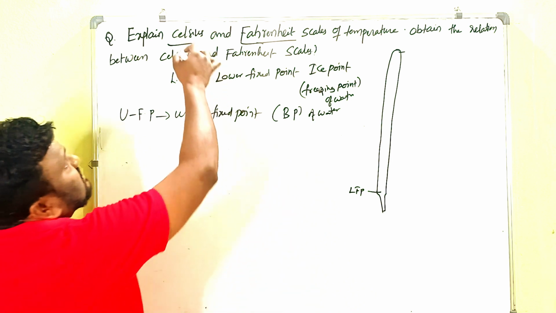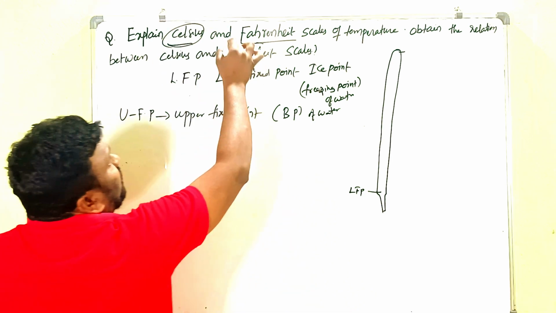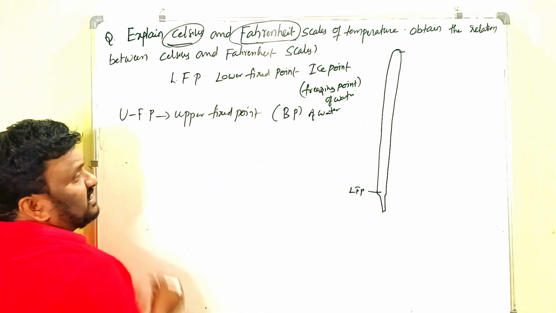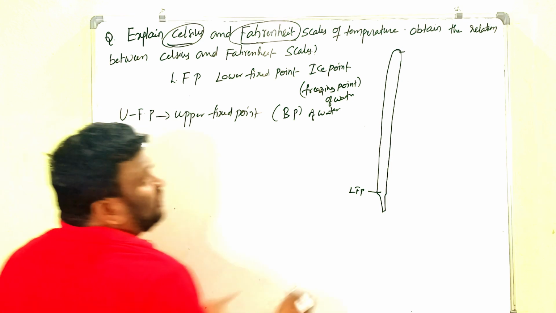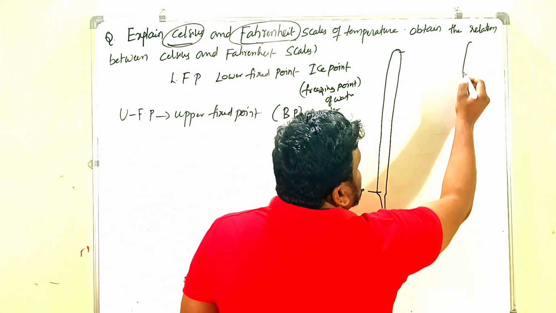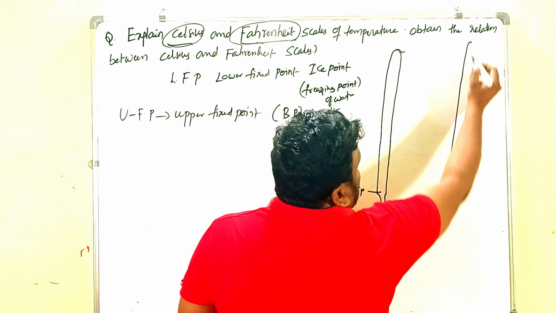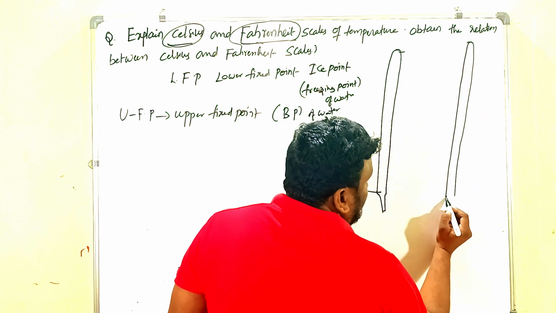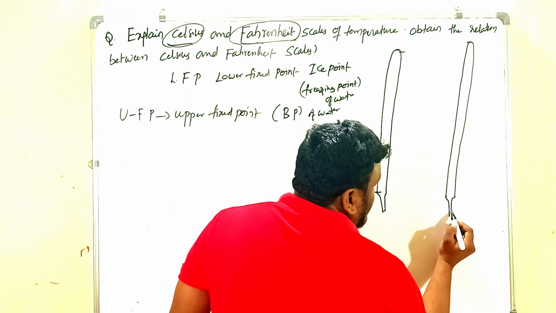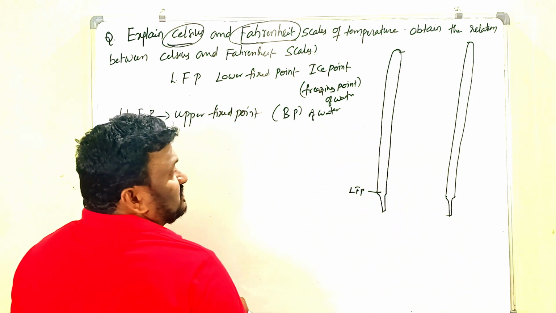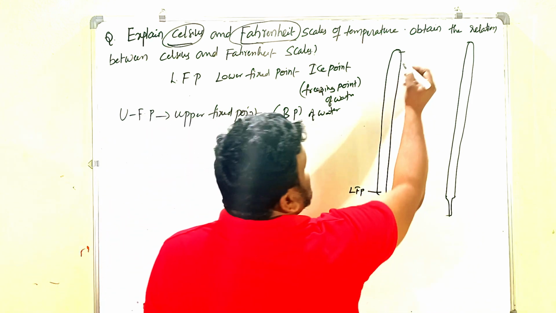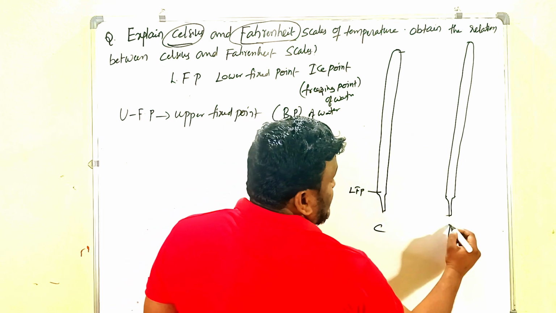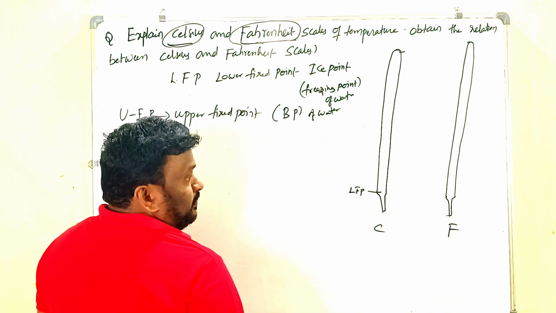Now let's see how the readings are taken in the Celsius scale and in the Fahrenheit scale. I am going to take the lower and upper fixed points in different thermometers. The first one is the Celsius scale and the next one is the Fahrenheit scale.